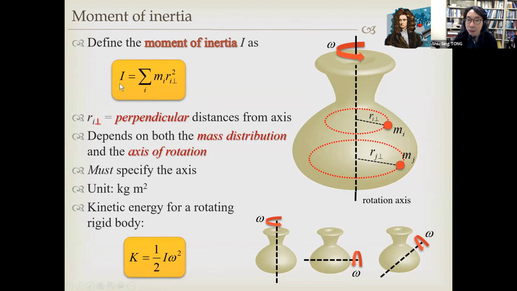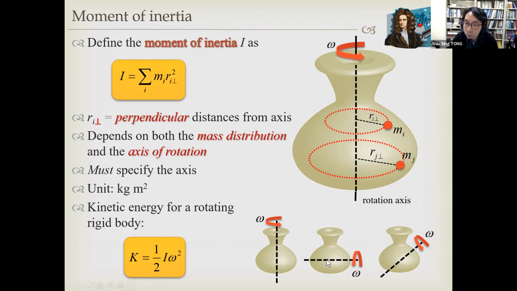And the second factor is the axis of rotation, how you rotate the object. Now in this diagram, I rotate an object about its symmetry axis, right? But I can do it the other way around. Instead of rotating about the axis of symmetry, I can rotate the object about a horizontal axis. Or I can rotate the object about an axis tilted at an angle.